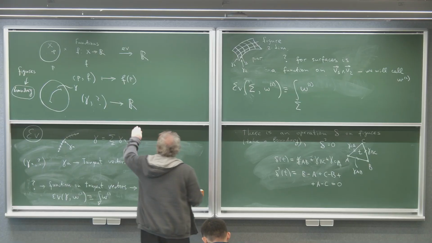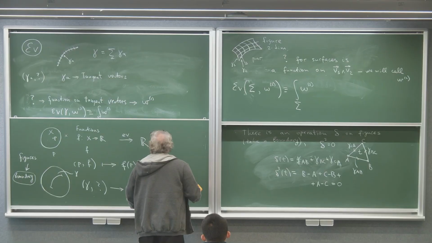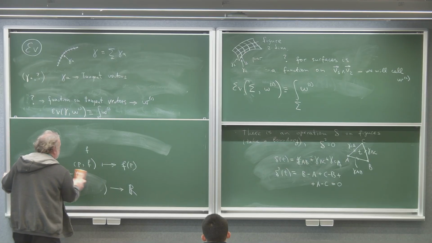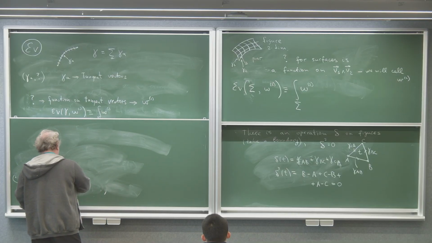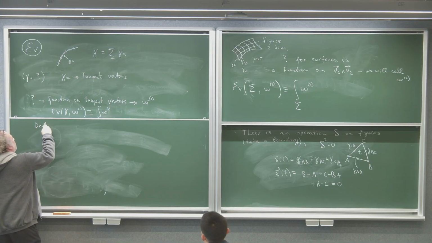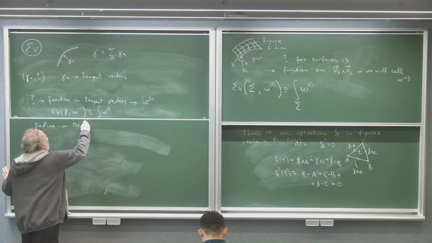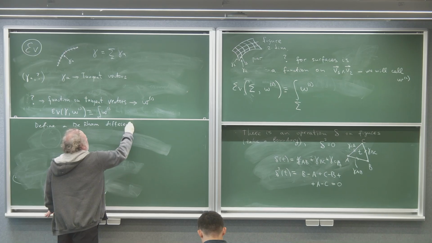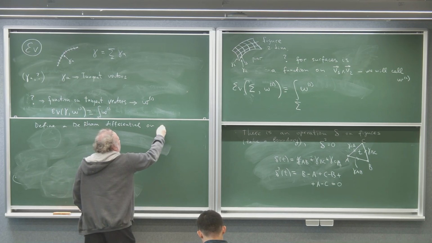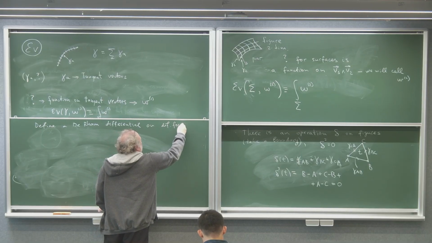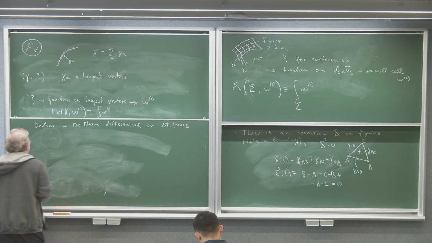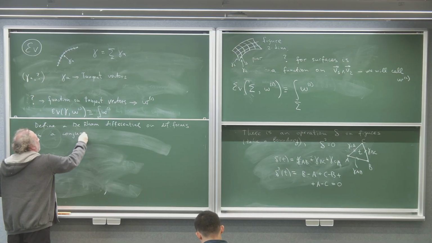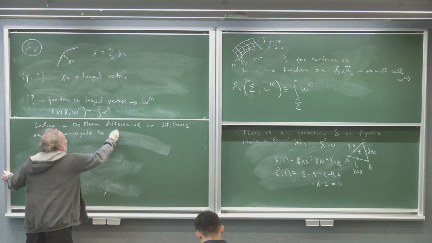And in this way, we can define on differential form as a conjugate to delta.